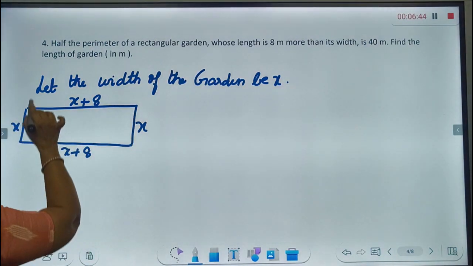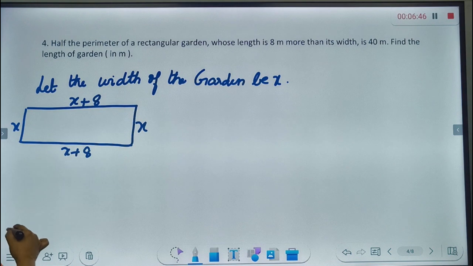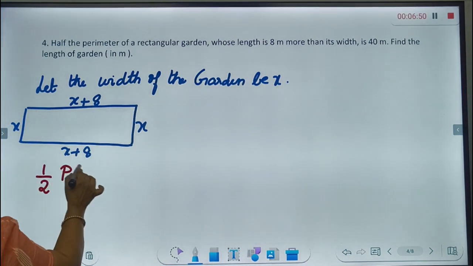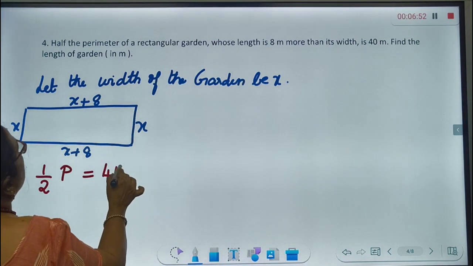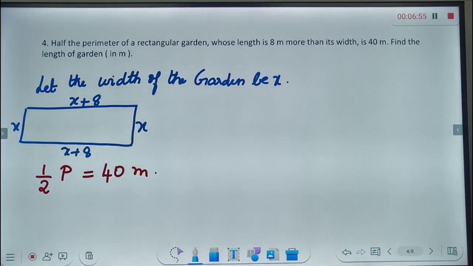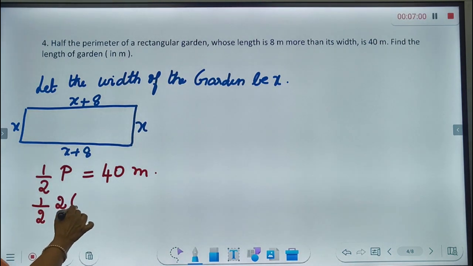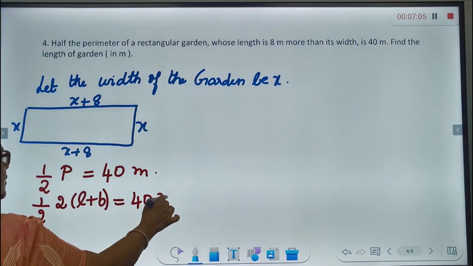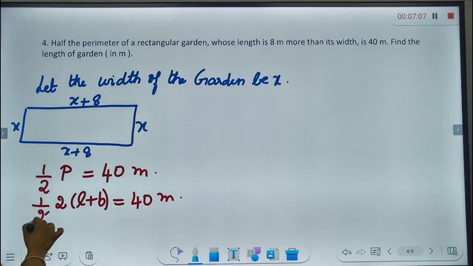What is given? Given half the perimeter is 40 meters. So half of twice of (L plus B) is equal to 40, right?